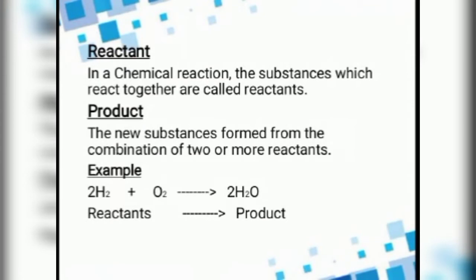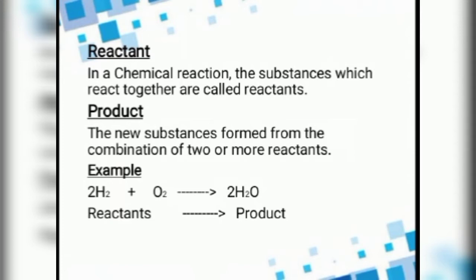Here we will have a quick discussion about the reactants and the products. Students, you all know in a chemical reaction, the substances which react together are called reactants. As you see in the example, here hydrogen and oxygen are the reactants. And what is a product?